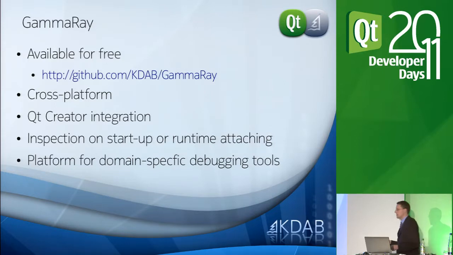It also has a Creator plugin, so you can just launch your application in Creator and you get the Gamma Ray tool attached already. Otherwise, you can run the application from the start in it or attach at runtime.